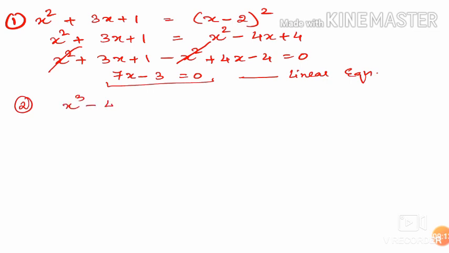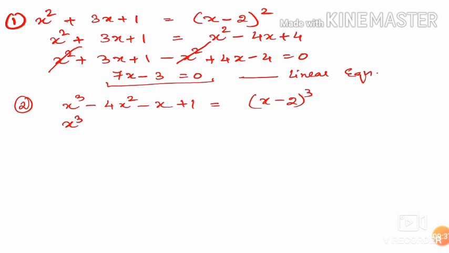x cube minus 4x square minus x plus 1 is equal to x minus 2 the whole cube. Here also we need to simplify the equation and write in its standard form before we can say whether it is quadratic or not.